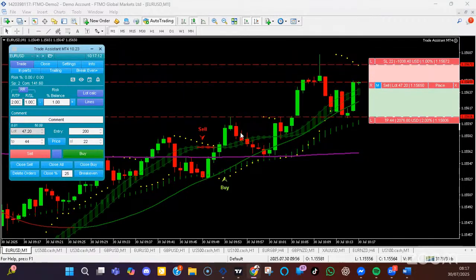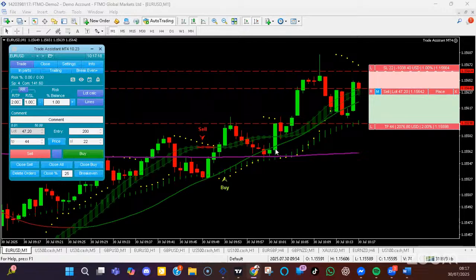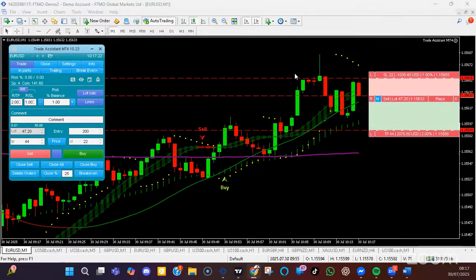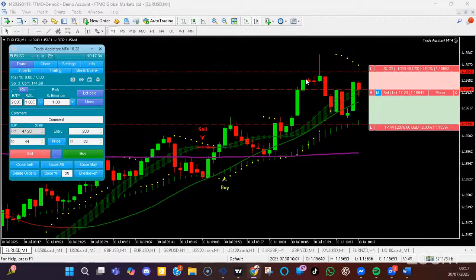This pattern here is called a flag. Now I haven't got the drawing tool, but if you imagine a flag waving, flag up, flag up, flag up. That's a mini flag up, flag up.